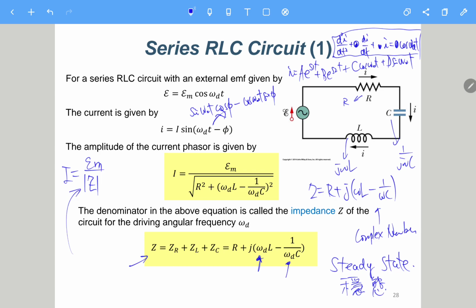For example, if Z is alpha plus J beta, the absolute value of Z is alpha squared plus beta squared, and then take the square root. So R squared goes here, and the imaginary part squared goes here, and then take the square root.